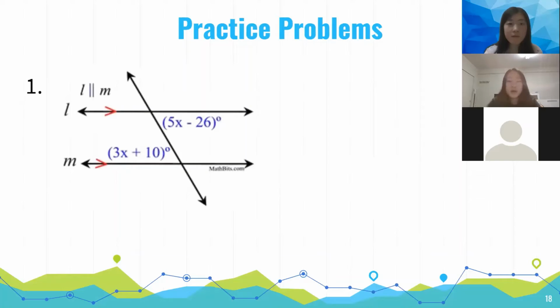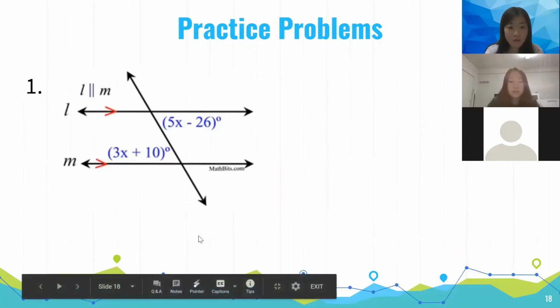Here are some practice problems. Do you have any idea how to start setting up? I'm not sure, but I think, do we have to put the angle sign?